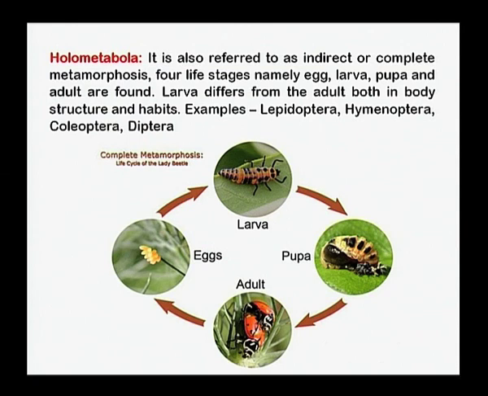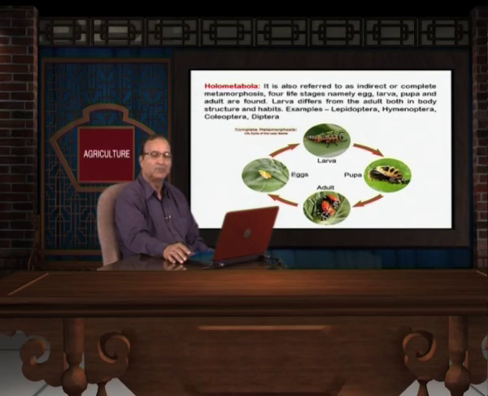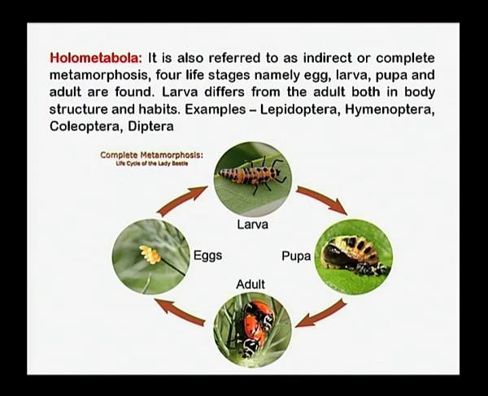Lastly, we shall discuss the holometabolous type of metamorphosis. Holo means full or complete. It means all the 4 stages of the insect life, that is the egg, larva, pupa and adult, should be present in such type of metamorphosis. This type of metamorphosis is also called indirect or complete metamorphosis. Larvae differ from the adult both in body structure and habitat.